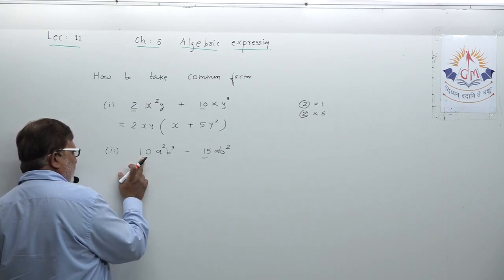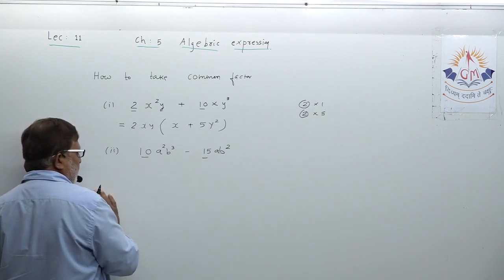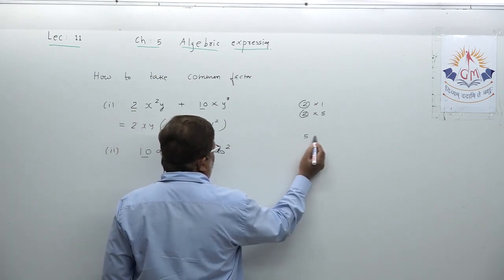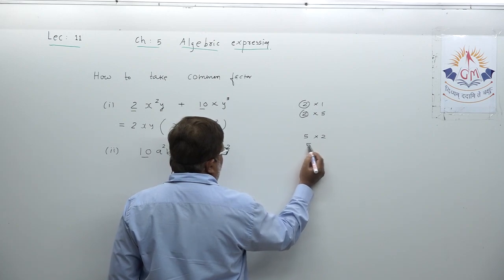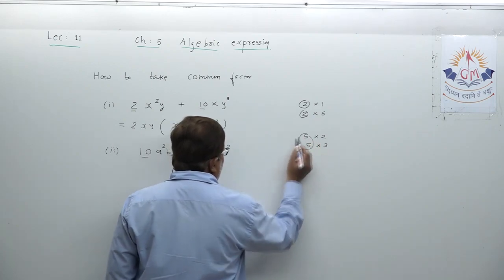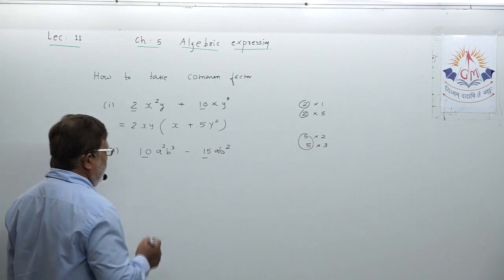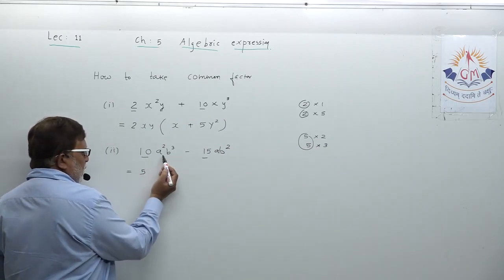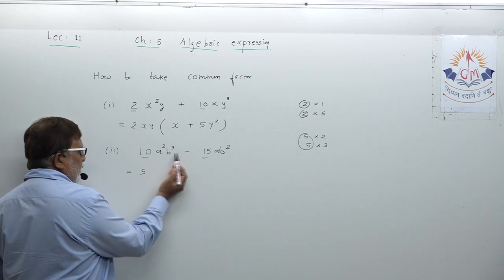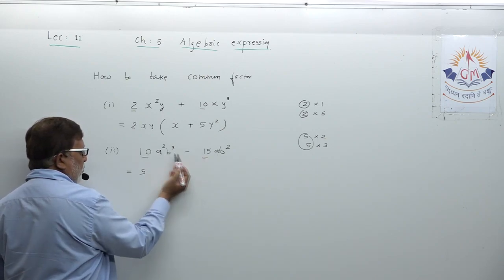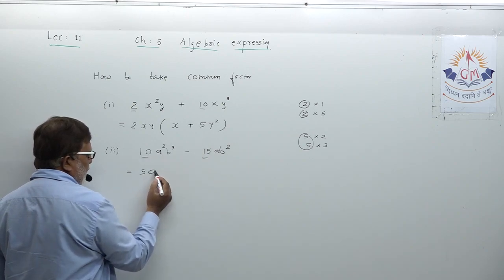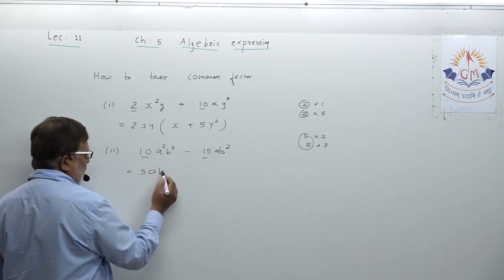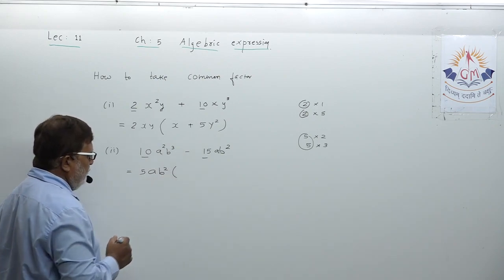So dear student, if you find HCF of 10 and 15, what are the factors of 10? 5 2s. What are the factors of 15? 5 3s. 5 is common. Understand? So first dear student, 5 common. From variable, minimum power, from a square and a, you can take out a as common. From b cube and b square, minimum power, b square is common.